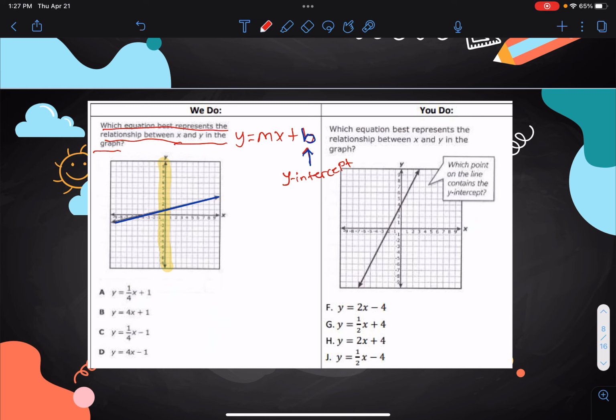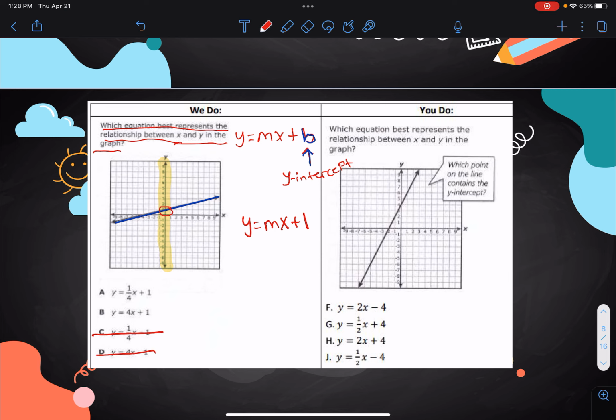Yes, that's 1. Is that a positive 1 or a negative 1? That's a positive 1. So that means your equation is going to be written in y equals mx plus 1 form. So can we eliminate any answer choices? Yes, we can eliminate C and D.